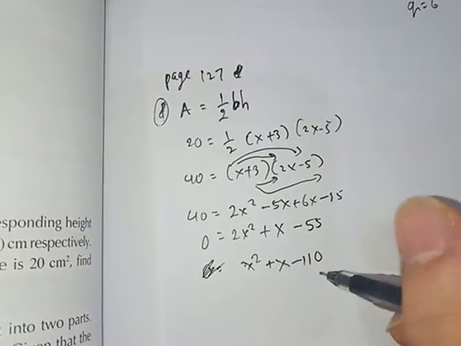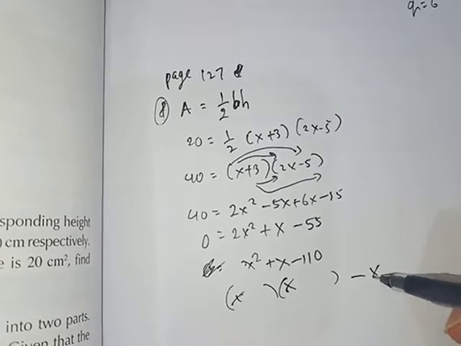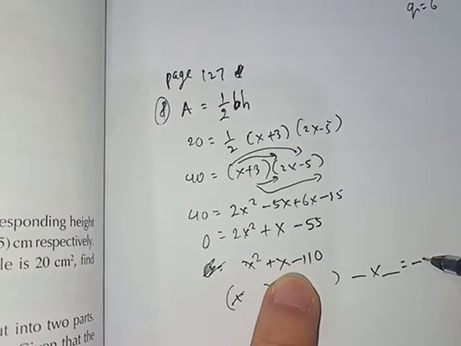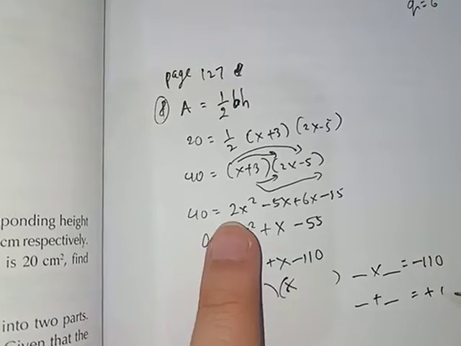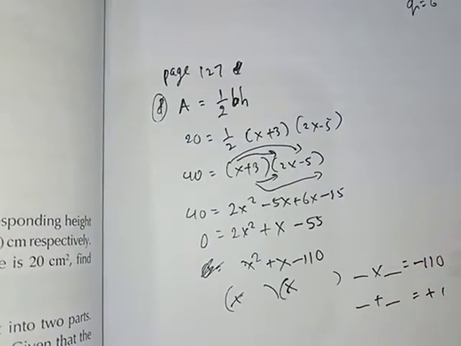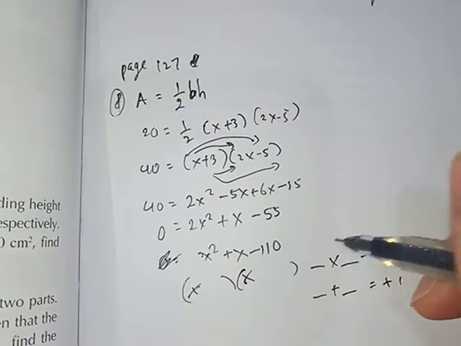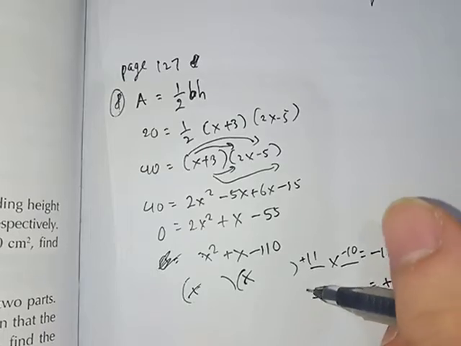So we need to find what number times what number equals negative 110, and what plus what equals positive 1, because there's no number here, it means 1. The answer is obvious. It's positive 11 and negative 10.